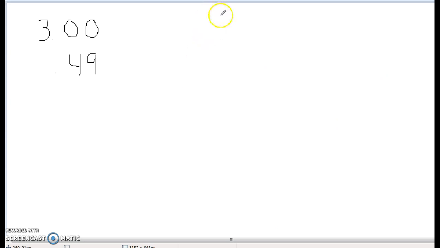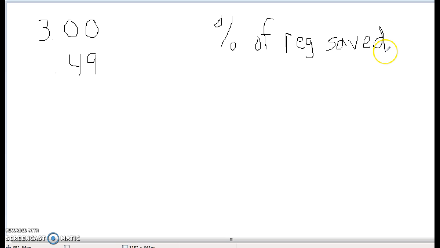So you have to understand that what you want to figure out is the percent of regular cost, and I'm going to put the word saved, because we don't want to know how much we spent. The amount that we spent was 49 cents. So we want to know how much we saved.